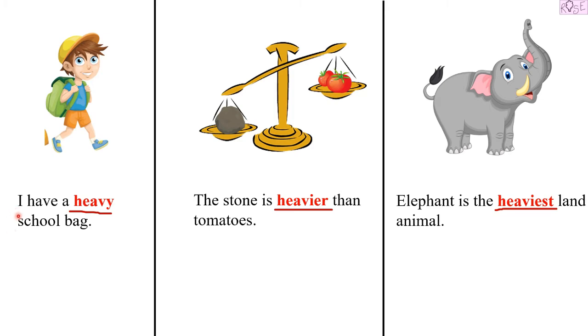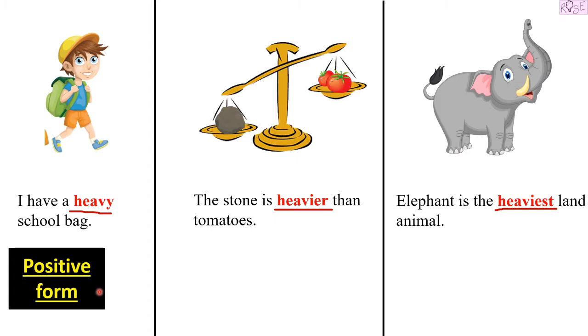If you see clearly, in the first sentence, I have a heavy school bag, this adjective is telling the quality of the school bag, right? So here we use the positive form. In the next one, this word heavier is comparing 2 objects, stone and tomatoes.